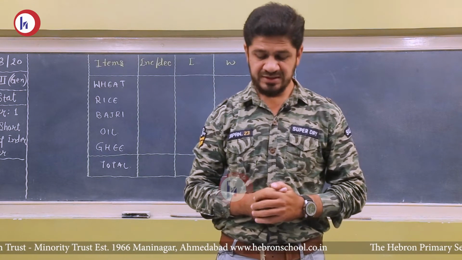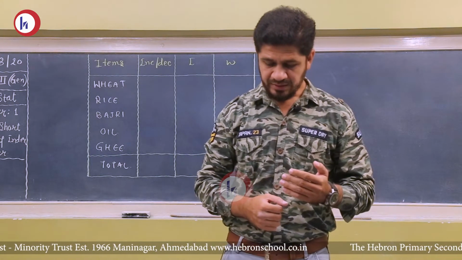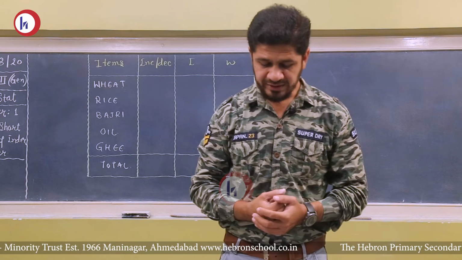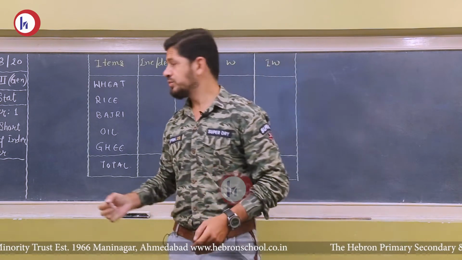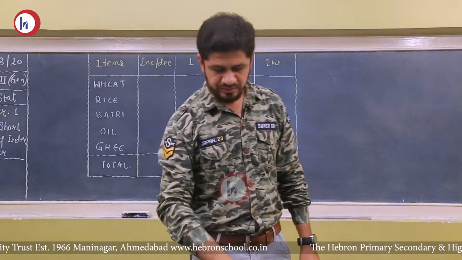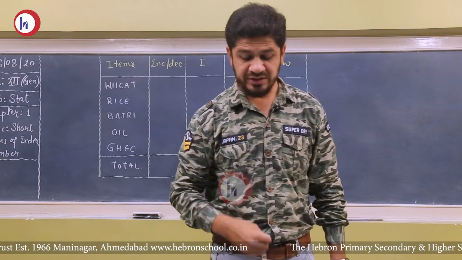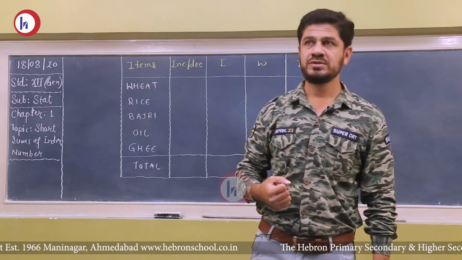The price of bajri decreased by 25%. The third item is bajri, and the price of oil increased by 40%. So the fourth item is oil. Now the final item that is also given, ghee, decreased by 5%.